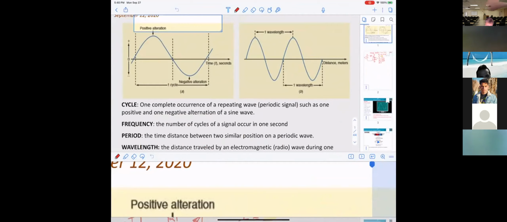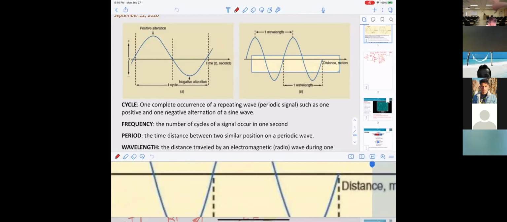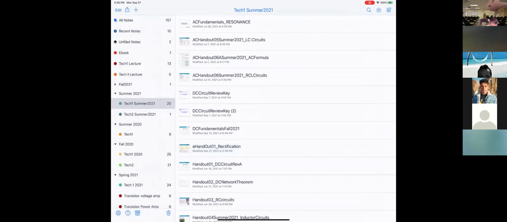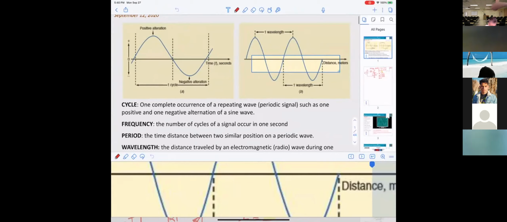Okay, let me get out of this. How can you display a second one here?